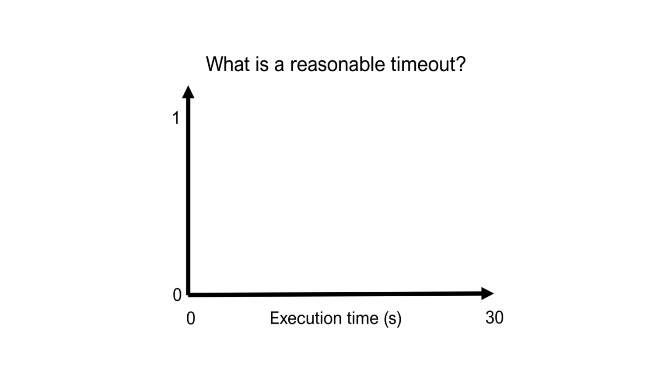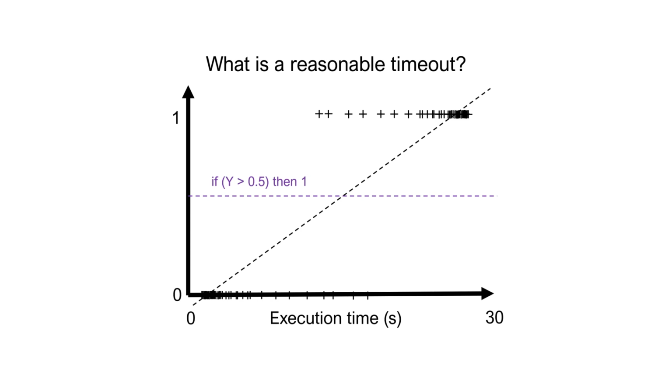And now assume that the data looks like this. You have a whole bunch of quick executions. You have a bunch of slow executions here that required many more seconds. And if you want to train a classifier here now for whether or not this test case execution should result in a timeout, you could, of course, as you now know what linear regression is, try to fit a linear model like this. And then you could say that, well, if y is greater than 0.5, then yeah, then we have a timeout here.